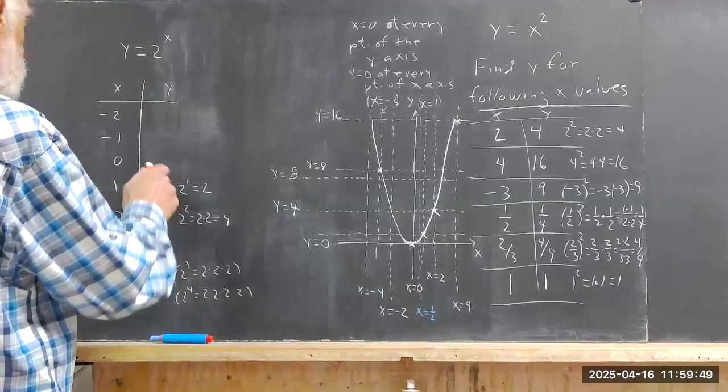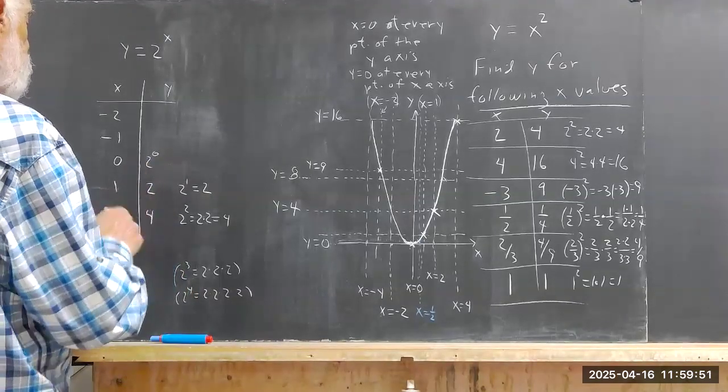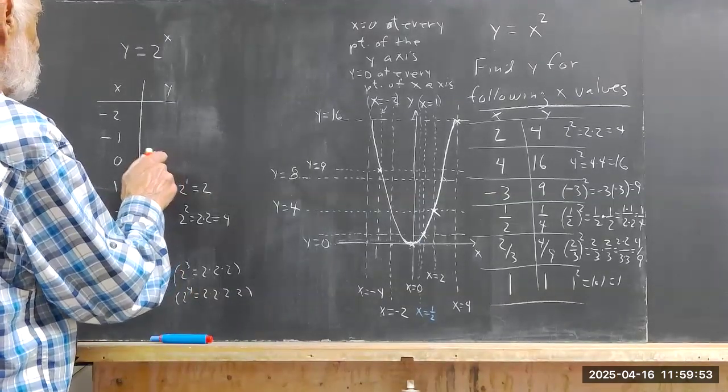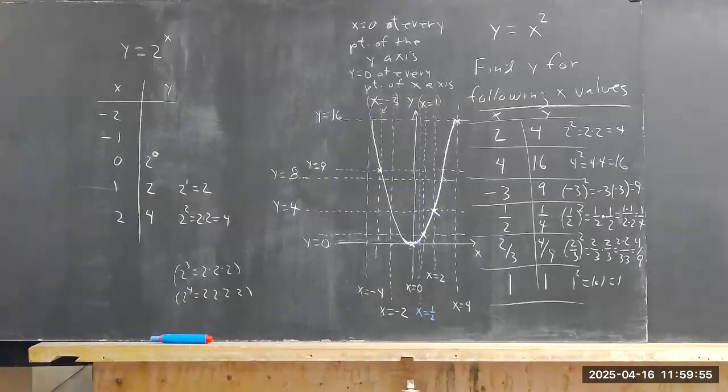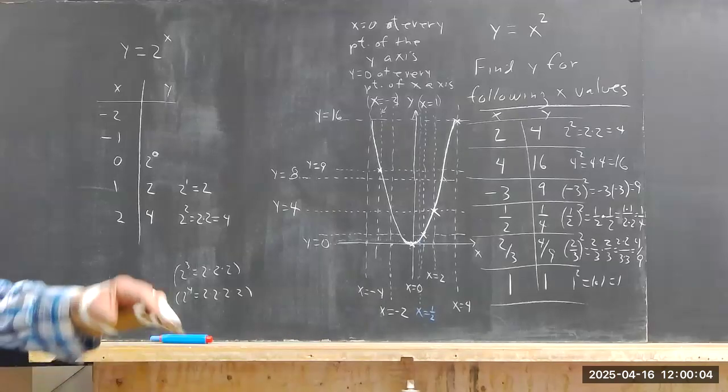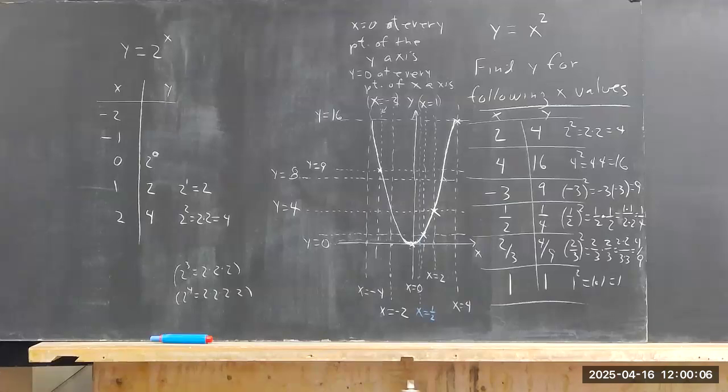And here's where confusion starts. People want to say 2 to the 0 is 0, even though one of the rules of exponents says any number to the 0 power is 1. That is a rule of exponents that has slipped by everybody that I looked at. I didn't look at everybody's paper, okay, on that one.